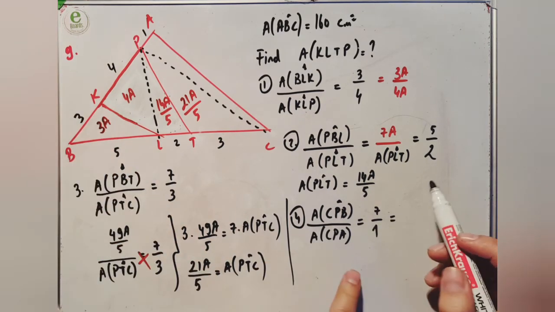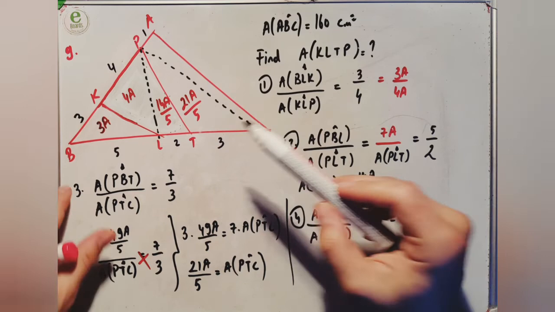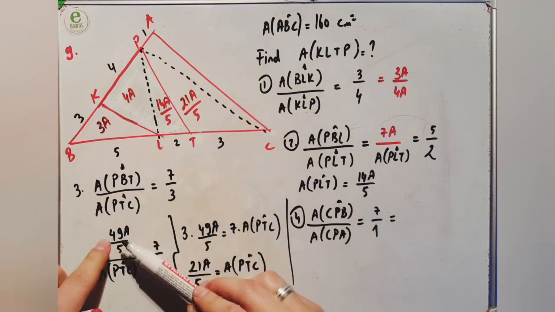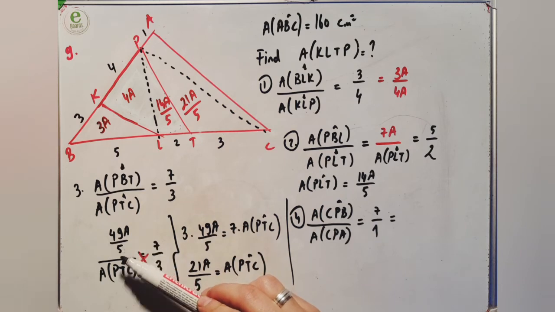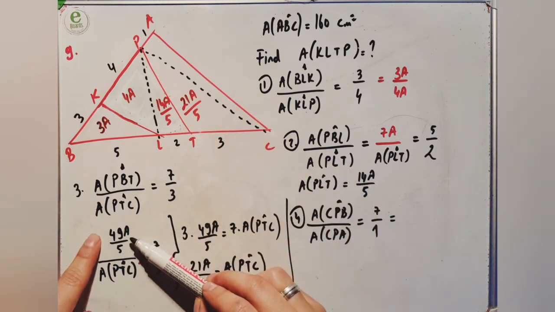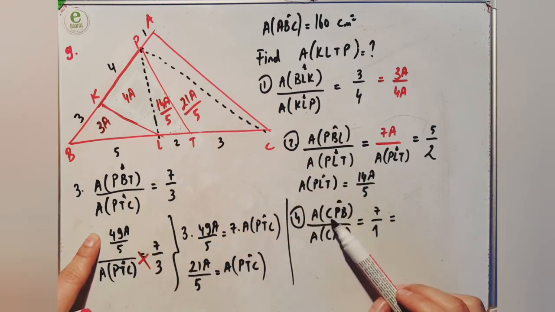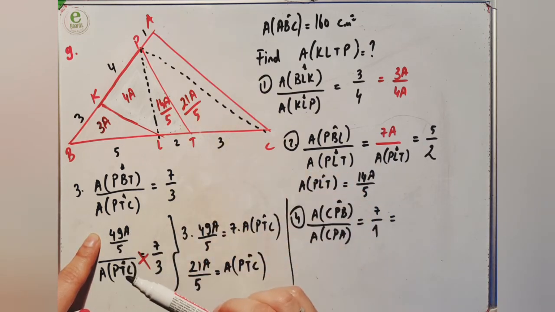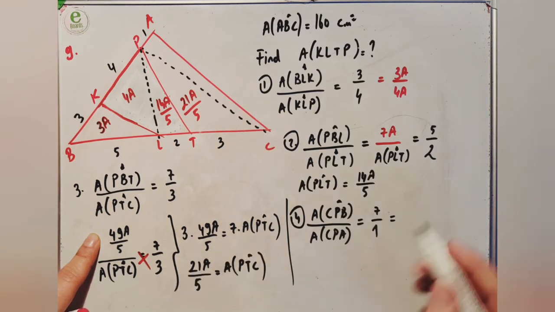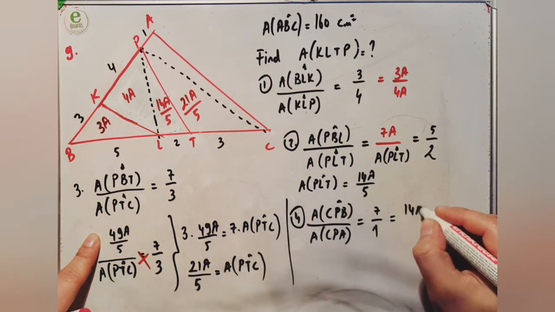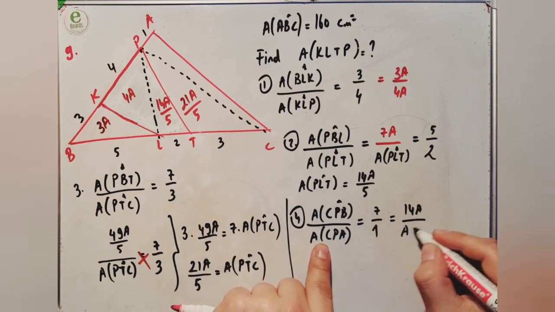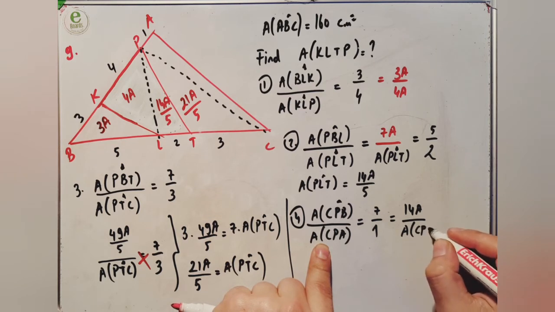The area of CPB will be, we found this, 49A over 5 plus 21A over 5, which is going to be 70A over 5, it is 14A, over the area of CPA.